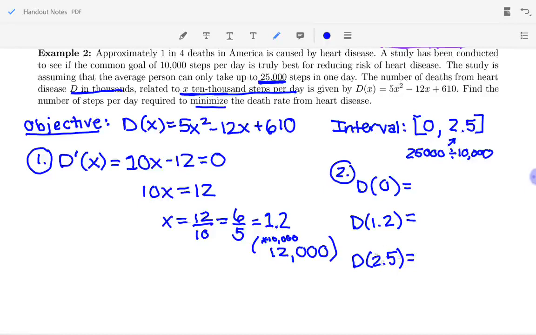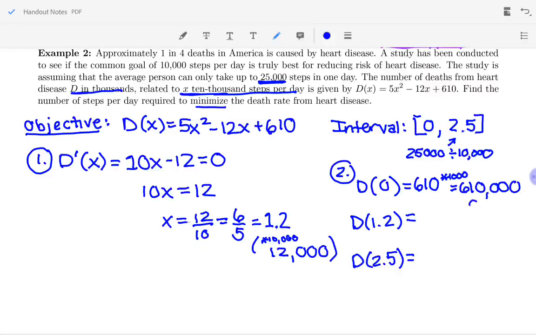So let's see if walking 25,000 steps is really better than 10,000 or 12,000. It's probably not 0. 0 steps in a day doesn't seem very good for your heart. We plug it into the original. If you plug in 0, you get 610. Unfortunately, that's not the real number because D is in thousands. If we multiply by 1,000, it's 610,000 deaths for the people who walk 0 steps.